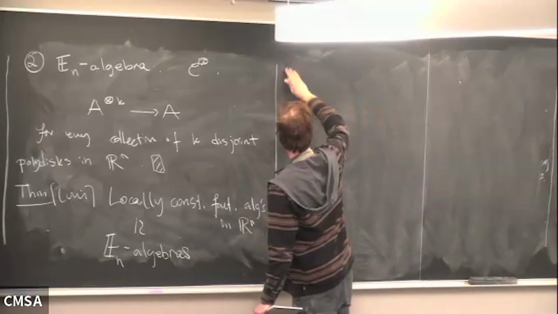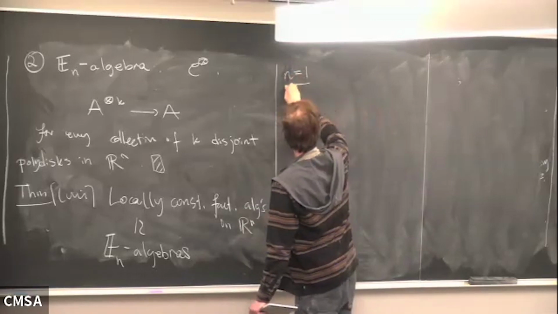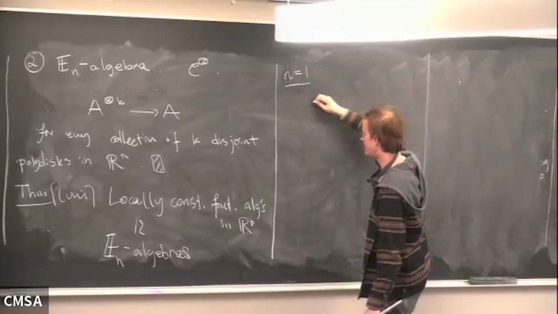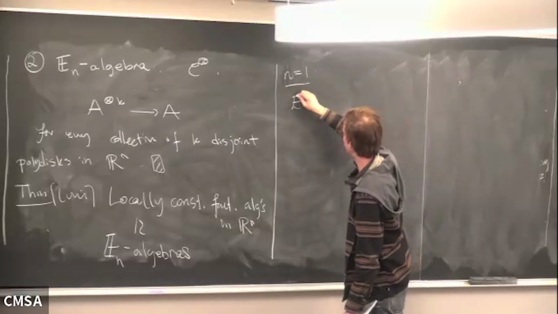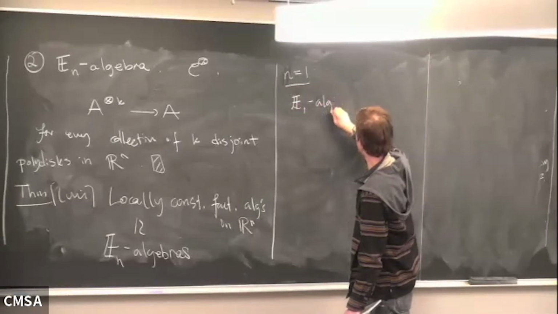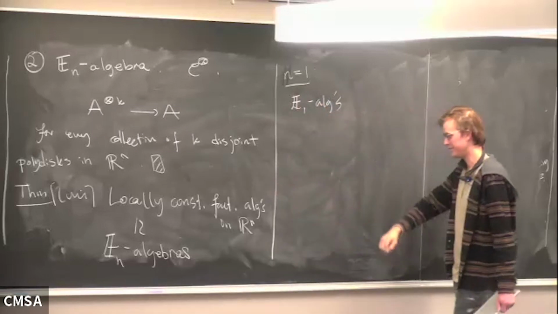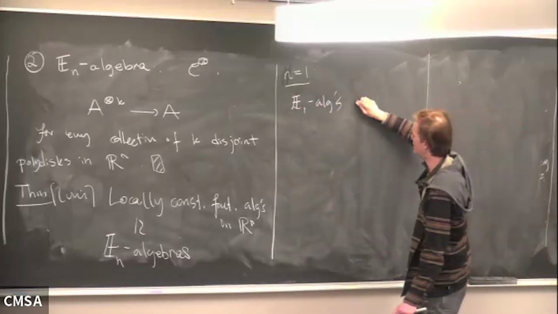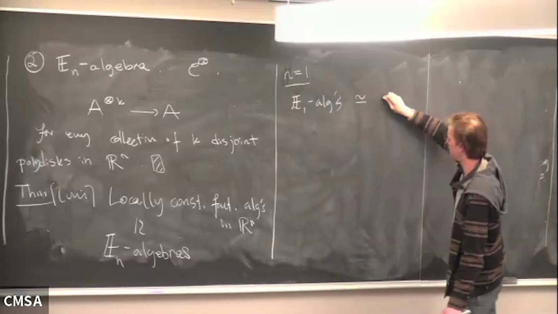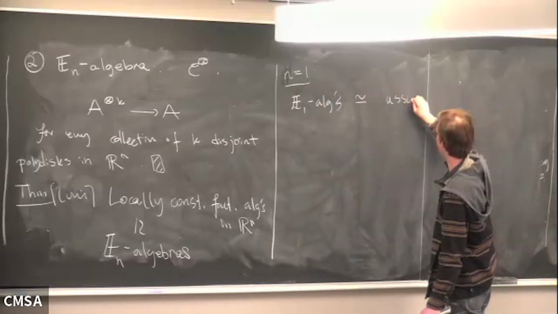And in particular, when n is 1, what this says is that E_1 algebras, or rather, this is not a consequence of this, this is totally independent, but just as an example, E_1 algebras are equivalent to the category of associative algebras.